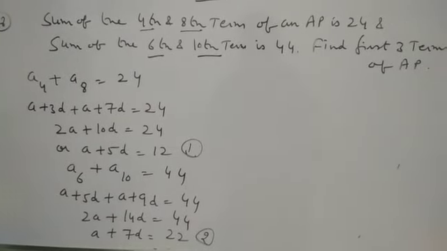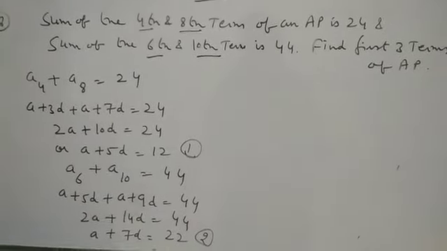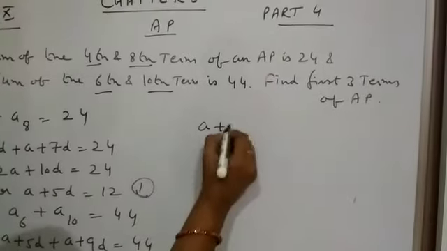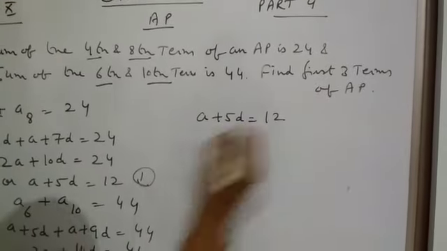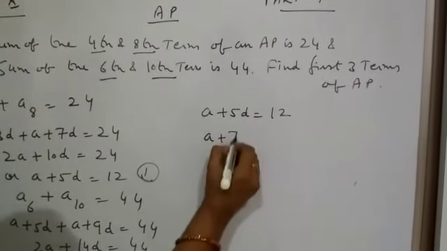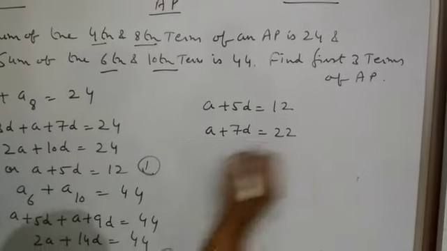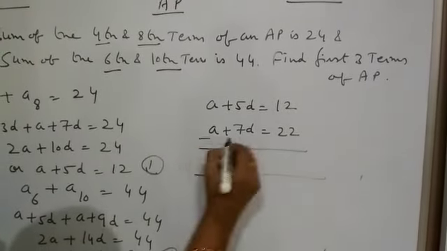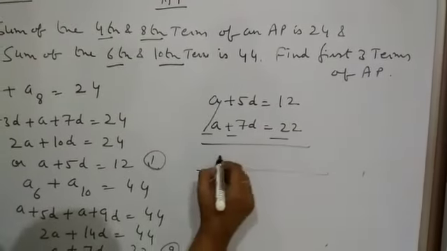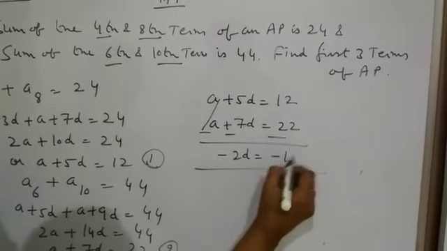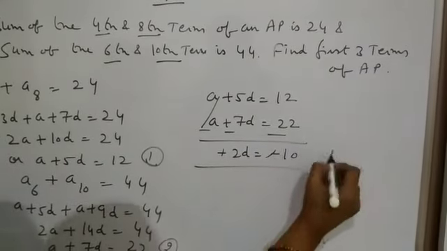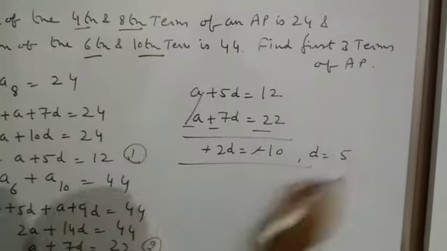So in this way, we are able to make 2 equations: a plus 5d is 12 and a plus 7d is 22. Again by elimination, minus 2d is minus 10 and d is equal to 5.